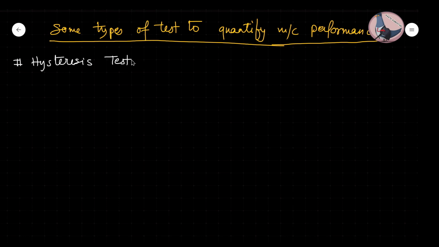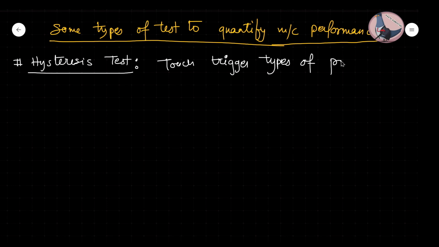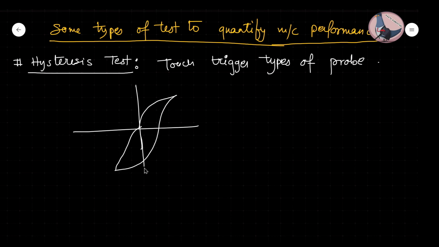test. In the hysteresis test, this is very important for touch trigger types of probes. I am very sure that you must have studied such a type of curve, the hysteresis curve, sometime in your life.